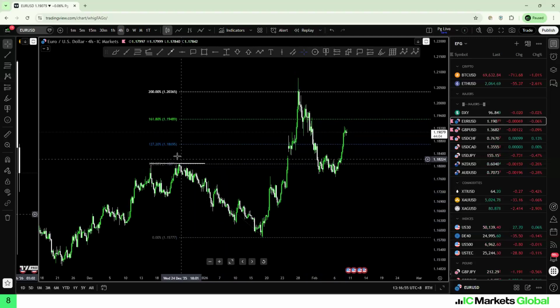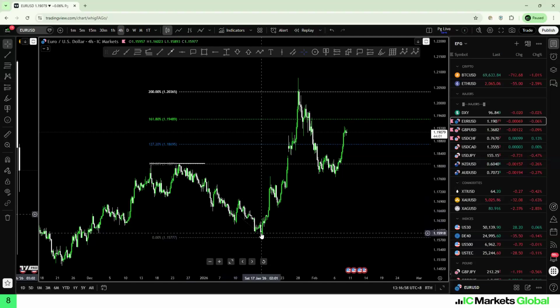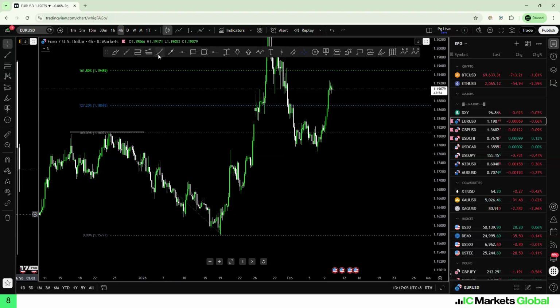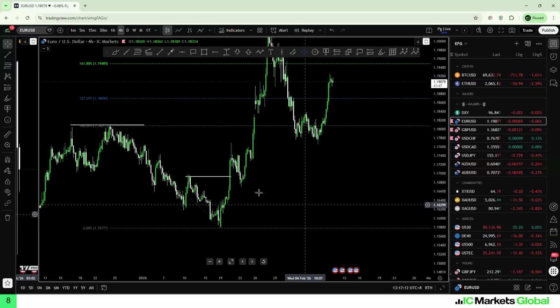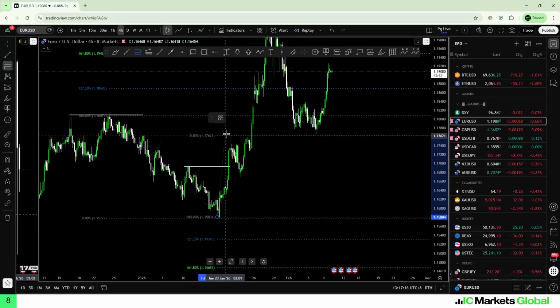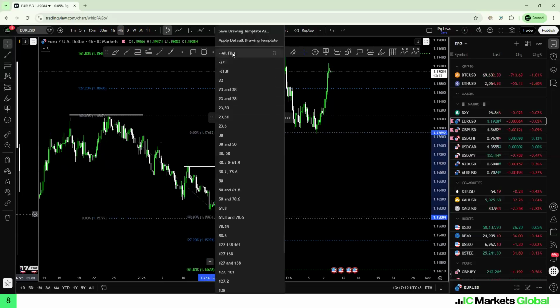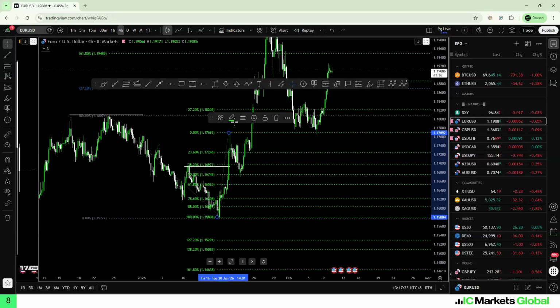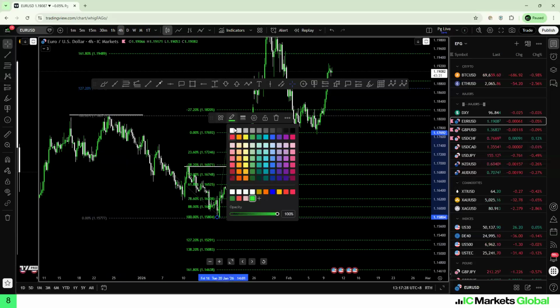See here. So whenever price breaks above, based on the historical time frame, we know that price had closed above this resistance. So we're going to use the Fibonacci retracement from the swing low to this swing high. What are you going to see? You're going to see that price pulled back to how many percent?